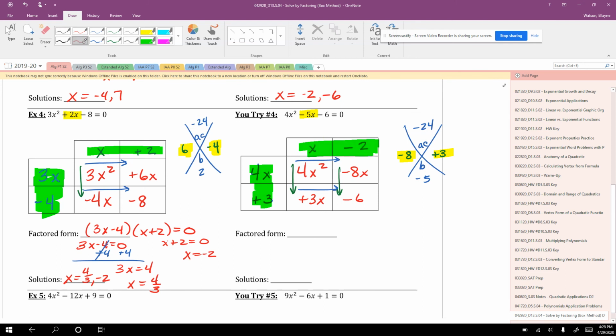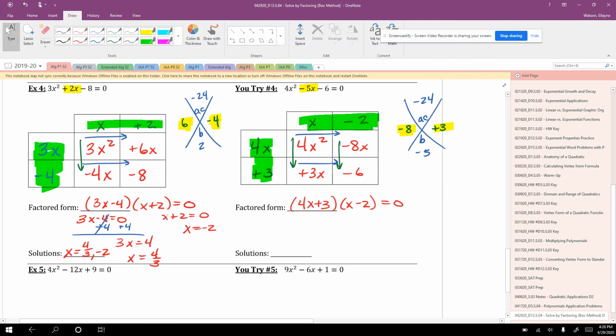The outside is our answer. So factored form is 4x plus 3 times x minus 2, and that's equal to 0. To go ahead and solve, set those each equal to 0. You're going to get x is equal to negative 3/4 and 2.